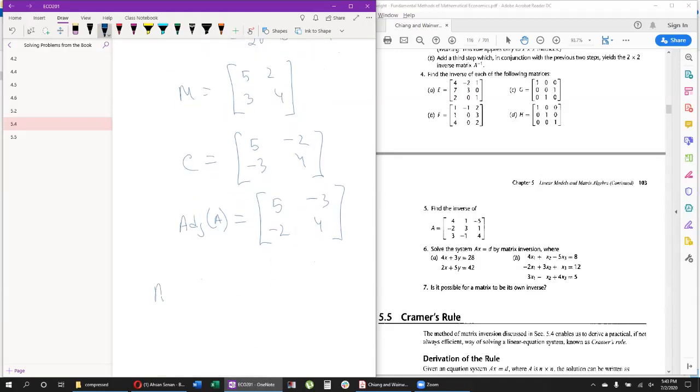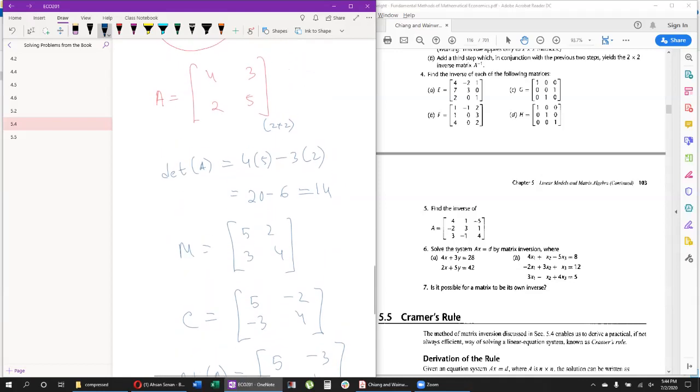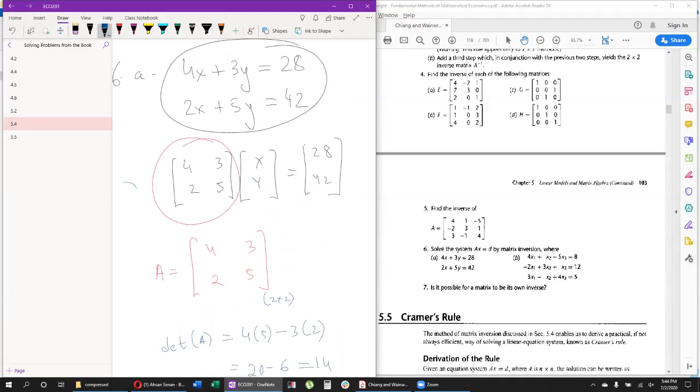So as a result, A inverse is 1 by determinant times the matrix. Sorry, not the cofactor, the adjoint. Okay. So now that we have this, what we can do is we can multiply both sides of this equation with what we have.